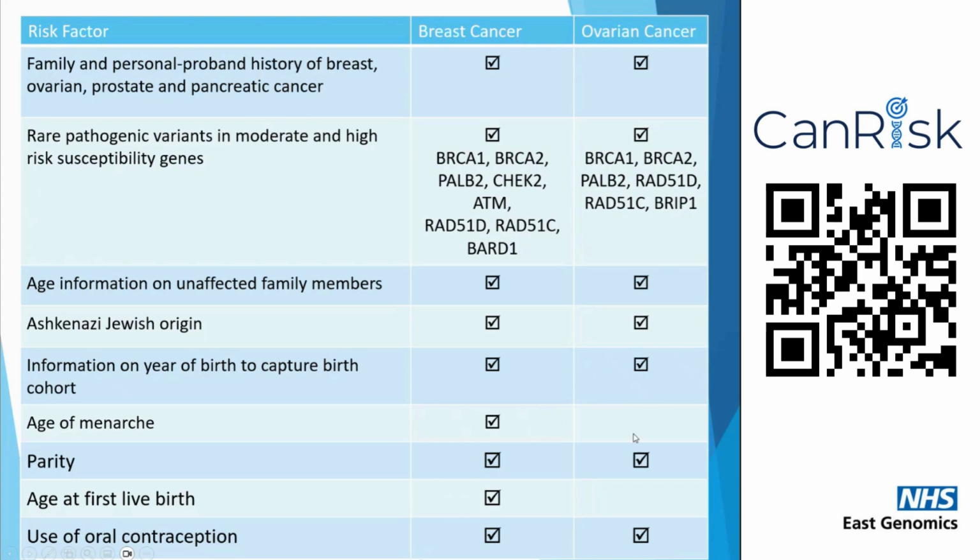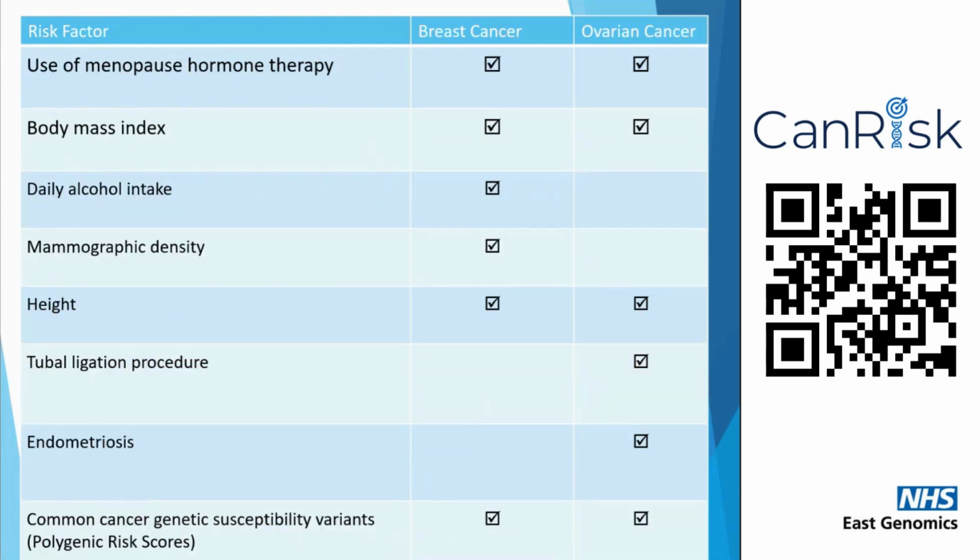It also takes into account other factors like age of menopause, which is only thought to be more of an issue with breast cancer, age at first birth, live birth, etc. Some other procedures or health concerns can be more associated with ovarian cancer, such as tubal ligation procedure, sterilisation, or endometriosis. So the software uses different risk factors when it's trying to work out risks for breast and ovarian cancer.